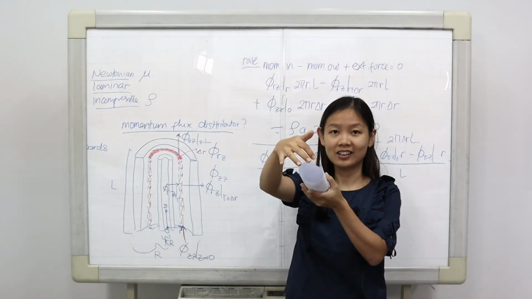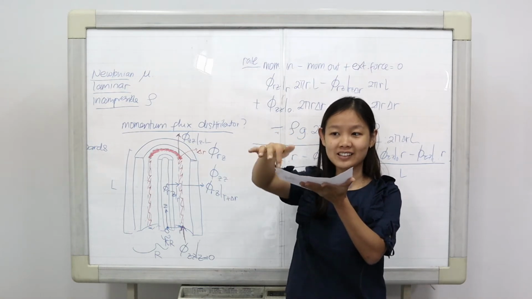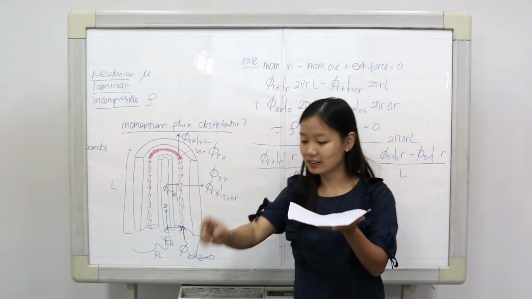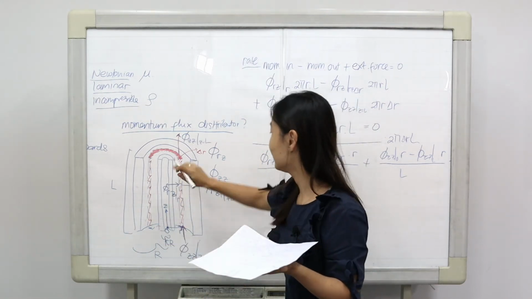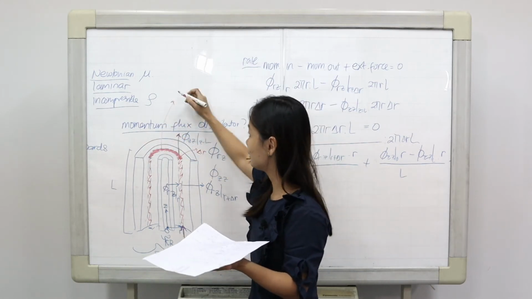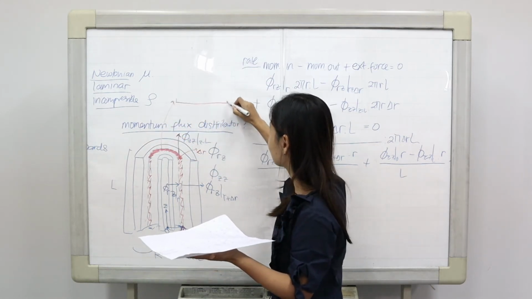Basically this area can be laid flat like this and become a very thin rectangle. So this area, the red one, if I cut the shell, can be drawn like this.